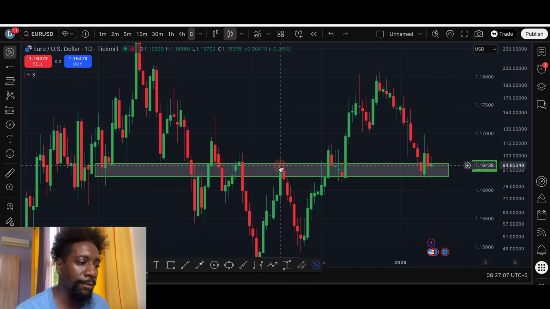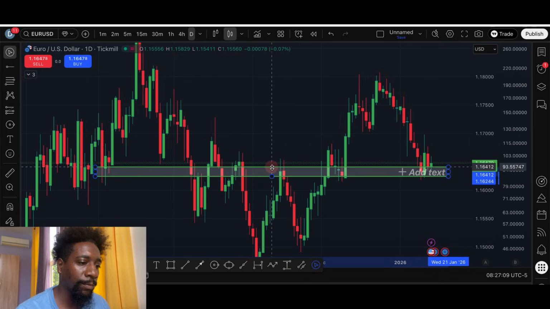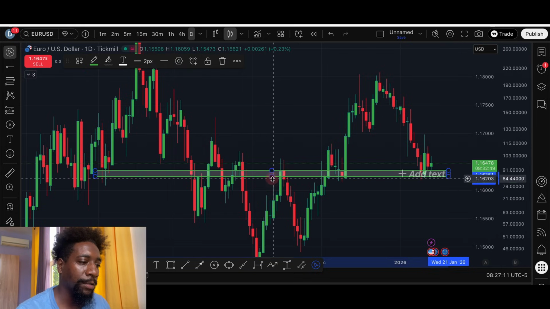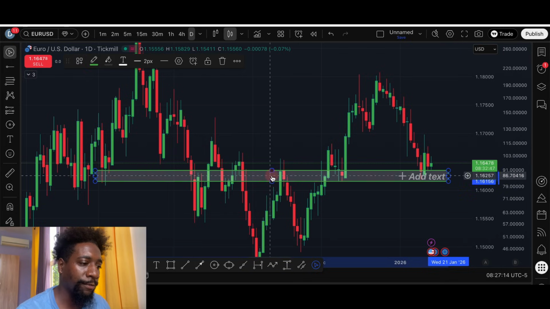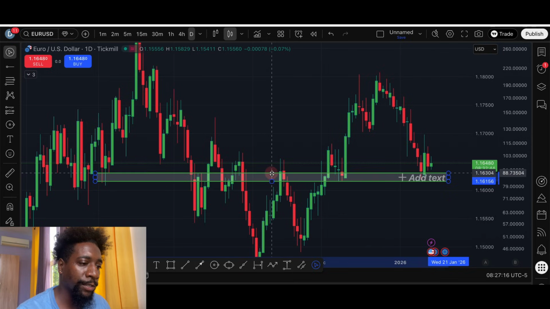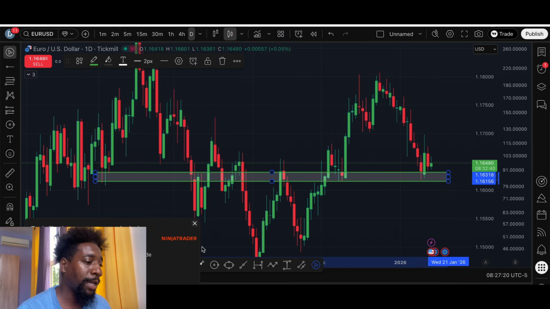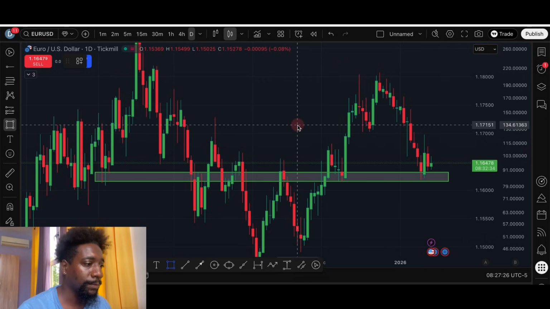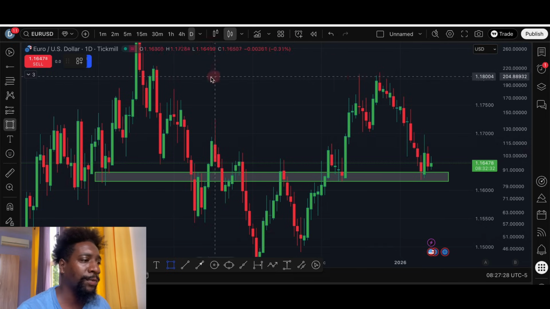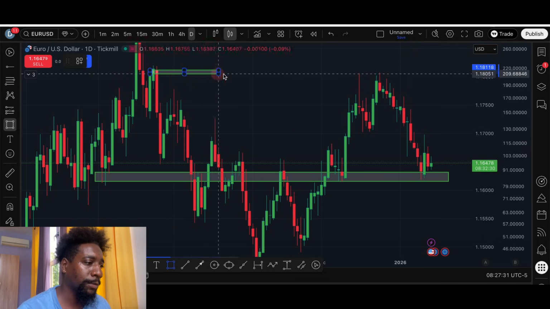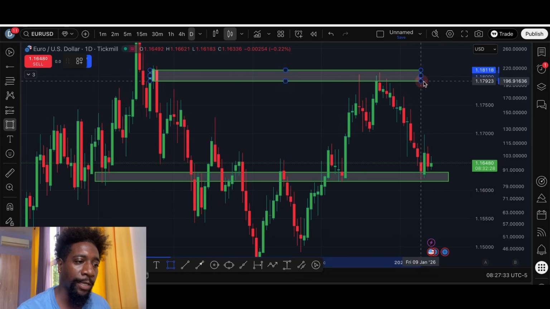This is a level that I will mark out here to let me know, okay, this was a strong level where buyers were in control and pushed the market up. Then I will mark the top of this level also, to let me know, okay, this was where sellers were in the market and pushed the market down.